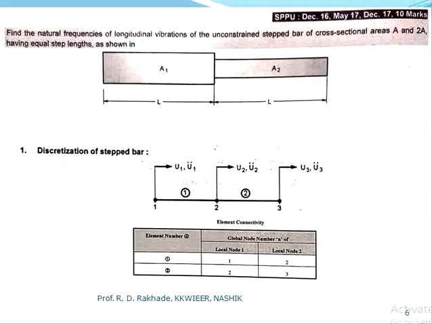The steps are nearly the same for all problems, and the basic difference is that we already solved a 1D problem for structure and a 1D problem for thermal. In the structural case, we determine displacement. In thermal, we determine the temperature variation at nodes. And in this problem, our main objective is to determine the natural frequency of the given bar.